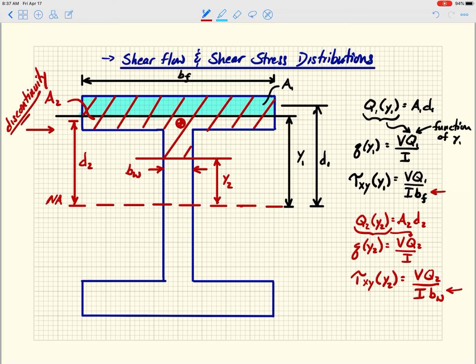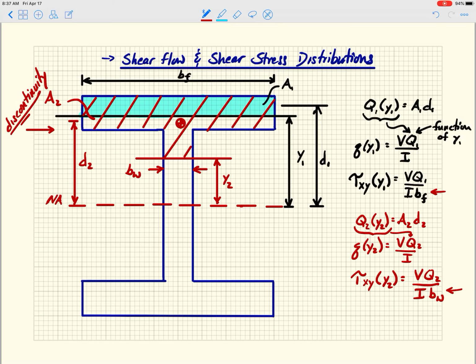And again, that discontinuity is not visible or present when I'm calculating the first moment of the area. So in Q1 and Q2, there's no jump there. Only in tau xy, and the reason is because the width is changing significantly.